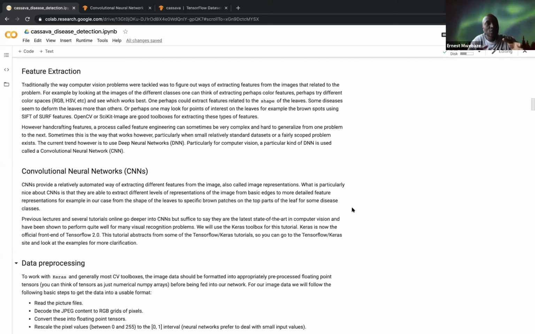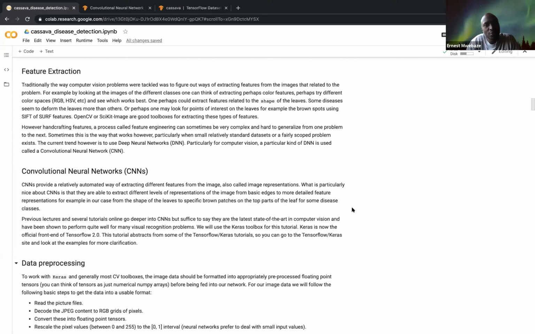For example, in this case, you have an expert who can say this is cassava mosaic disease, this is cassava green mite, and so this is a good candidate for computer vision. Feature extraction is basically trying to mimic this process where the eyes of the expert see something, and we assume the eyes extract certain patterns or features from the image that give him the ability to determine what disease it is.